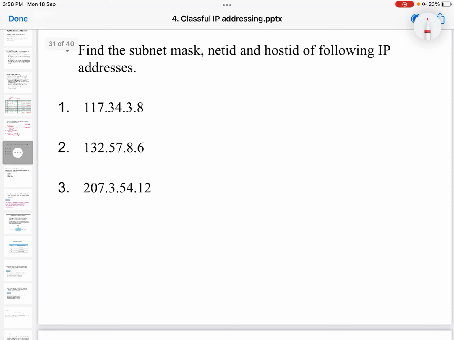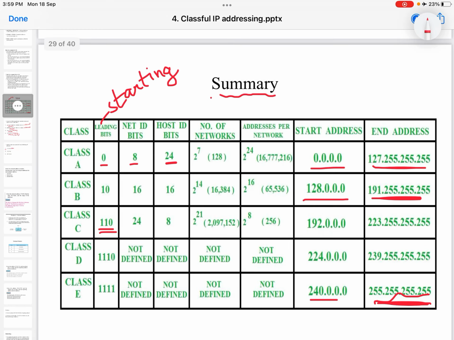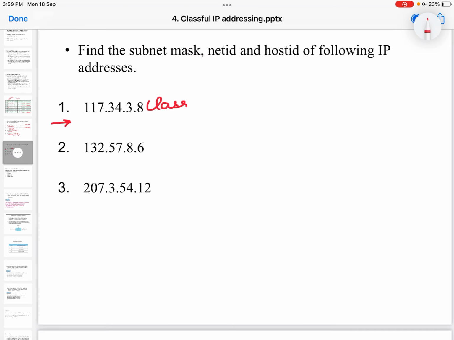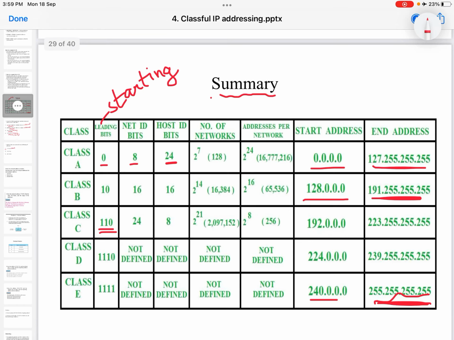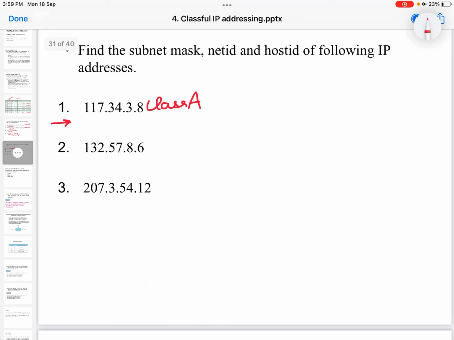Next, find the subnet mask, net ID and host ID of the following IP addresses. So how to calculate this? 117. First identify the class. 117 is between 0 to 127, so class A. For class A, net ID bits are 8 bits, host ID is 24.